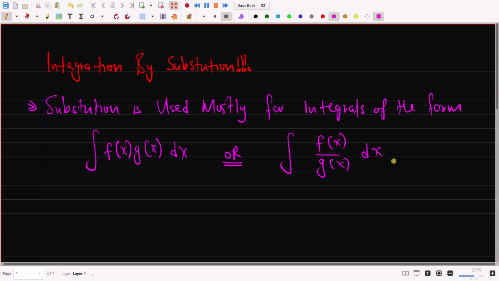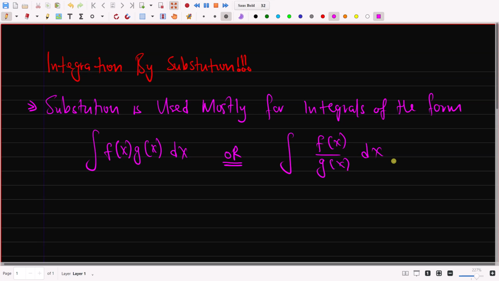So these are two types of integral that you may encounter most of the time. When you come across an integral with this structure, quite often such integrals can be tackled using the substitution technique.